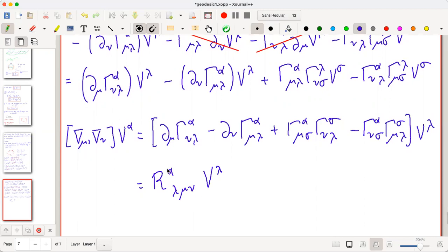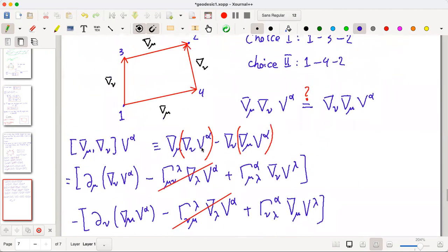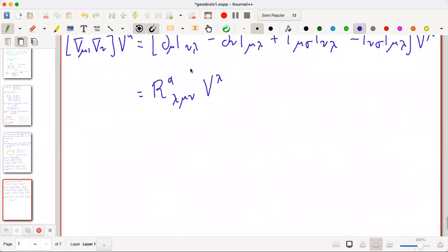Okay, now we have to check what this is first. See, the left hand side is all a tensor. This is a tensor, this is a tensor, this is a tensor of rank 3, this is a tensor of rank 3 as well. And since the left hand side is a tensor, the right hand side also must be a tensor.